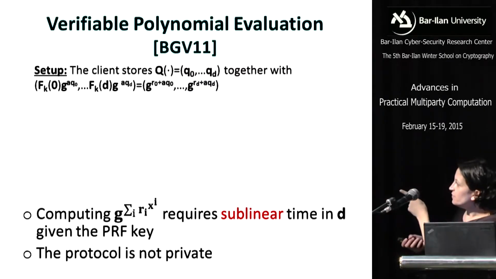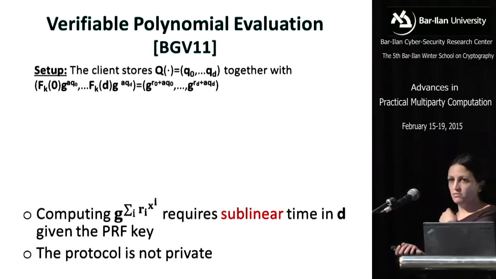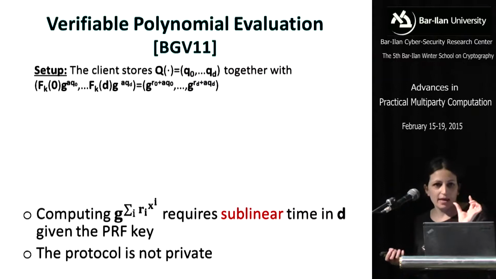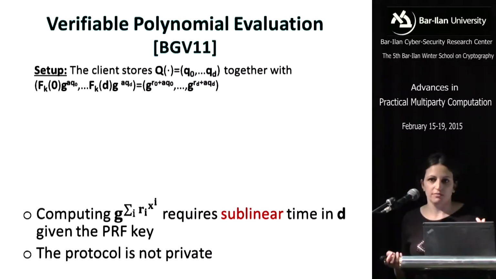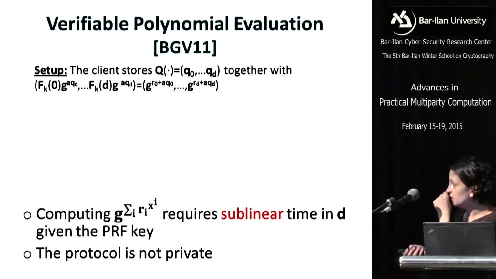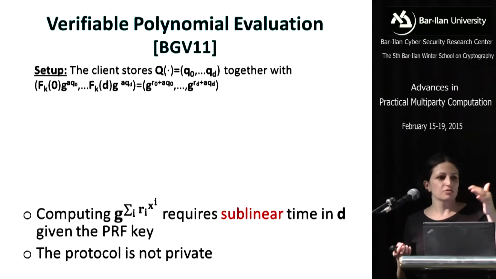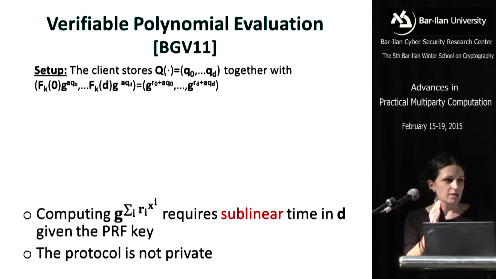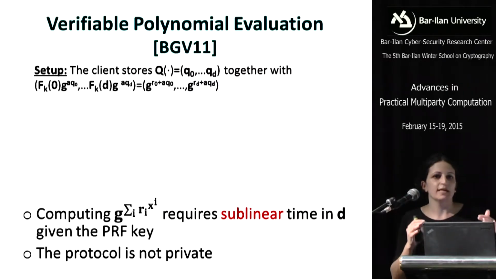And he's doing that for every coefficient using the same a, but every time using a different PRF evaluation. So that's what he's doing for the entire set of coefficients, and that's what he sends to the server. So we have the polynomial, and you can think of it as a set of one-time MACs.